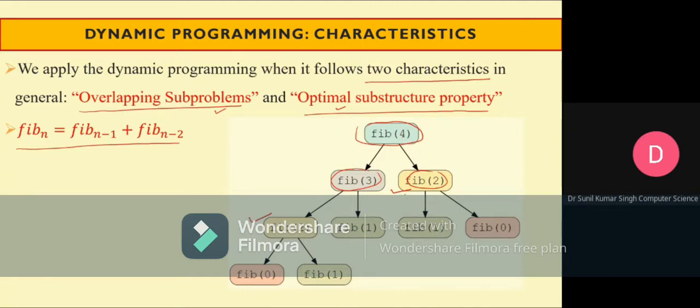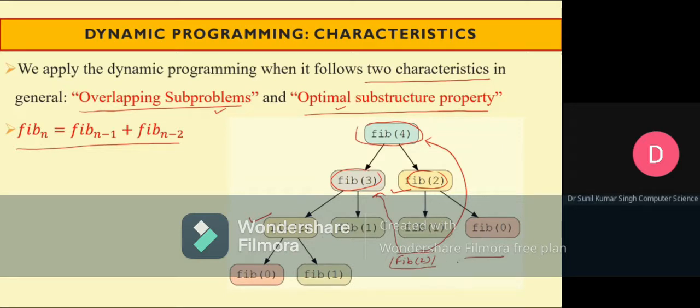So that means if we compute the value of Fib2 once, then it will be used while computing Fib3 and while computing Fib4, rather than computing it again and again.